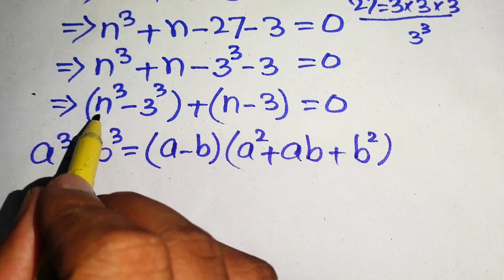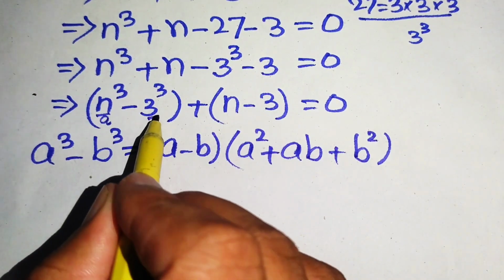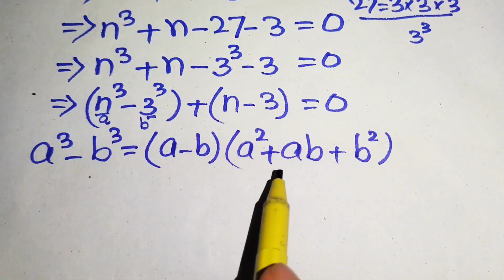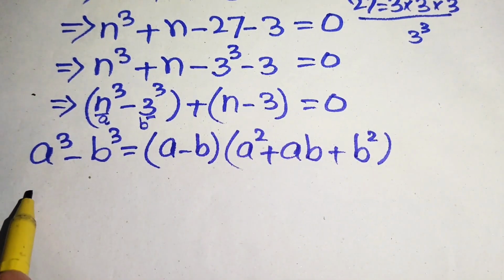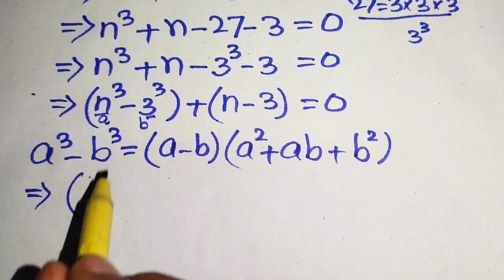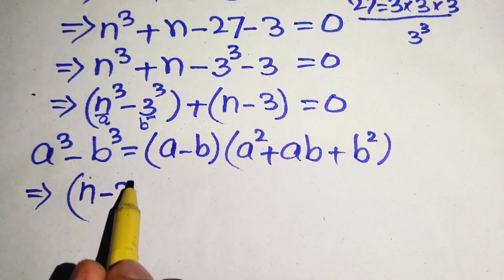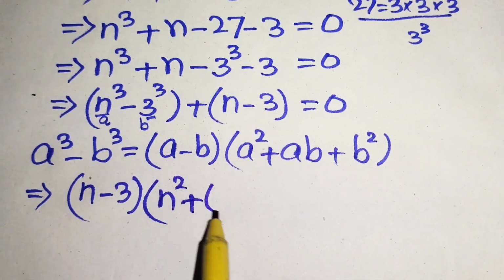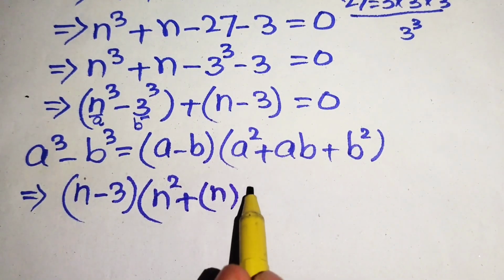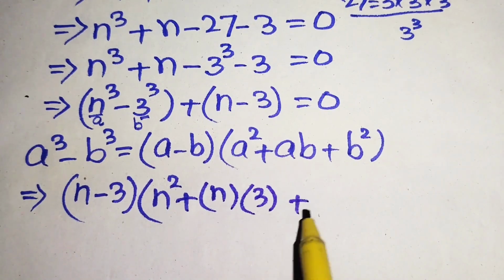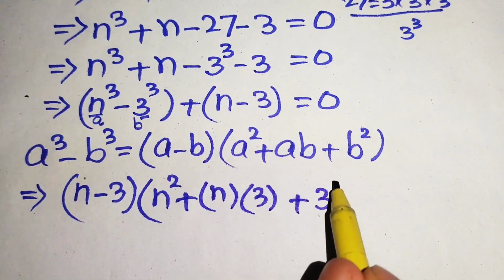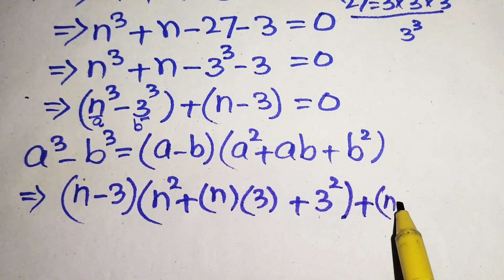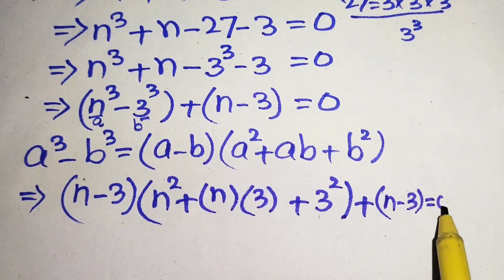So if you focus here, this n is our a and this 3 is our b. So now we substitute these values of a and b in this formula and we get n plus 3 times n square minus n times 3 plus 3 square, plus n minus 3 equals 0.